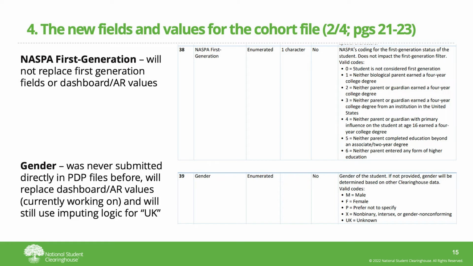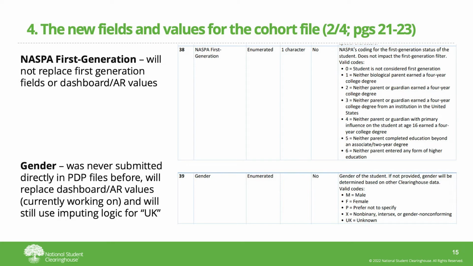Going on to the 2 out of 4, so this is the third and the fourth field that we've added to the cohort file. The first one is NASPA first generation. So as I acknowledged before, we've done a small change to the first gen field that I was talking about before. This is a different field that is related to how the organization of NASPA defines and thinks about first generation.